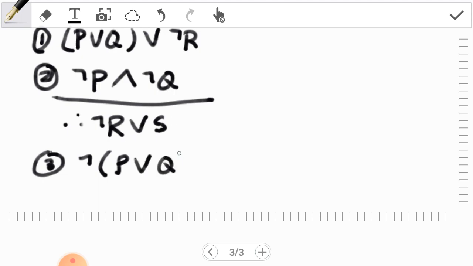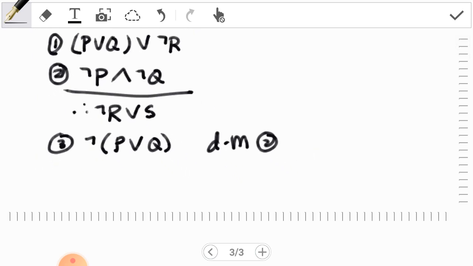Then not Q becomes Q. This is using De Morgan's law for line number 2. By the way, every time you prove an identity, please always include the reason and what premise you are applying that rule. Okay? So we now have not P or Q, but this is not of P or Q.